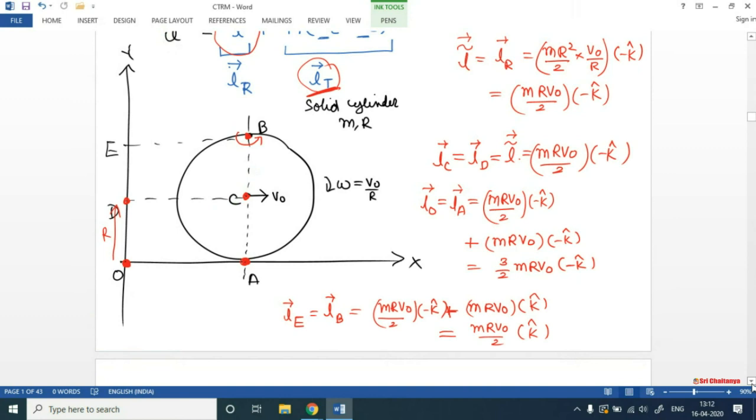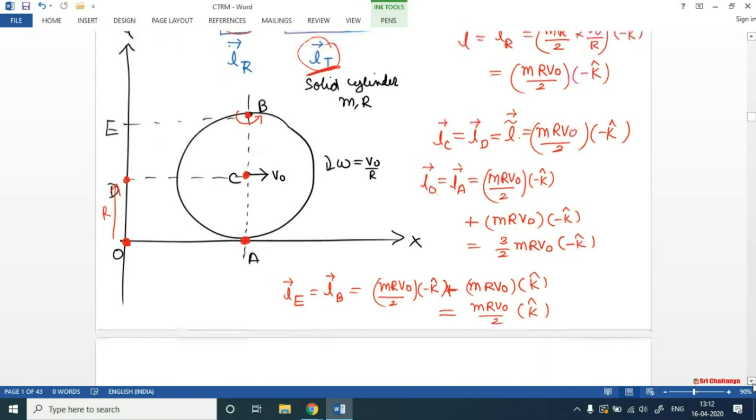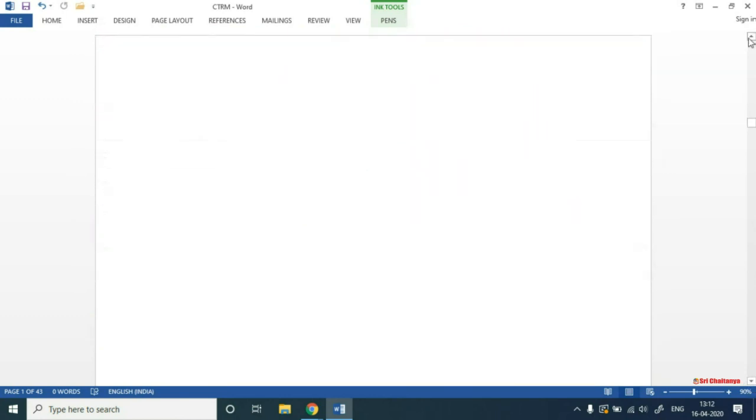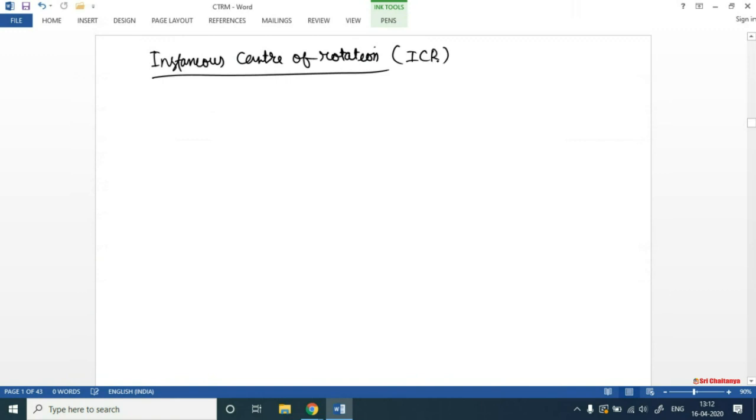And being said that, let me discuss a very important concept over here, which is known as the concept of instantaneous center of rotation, or you can say in short ICR.